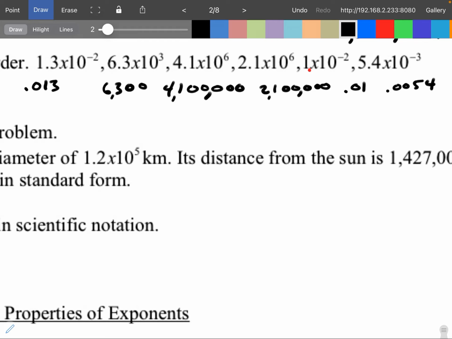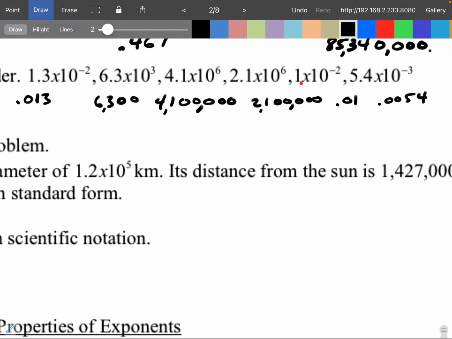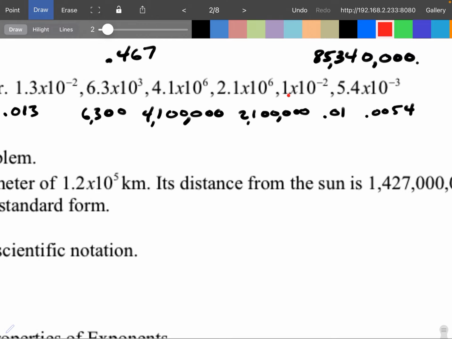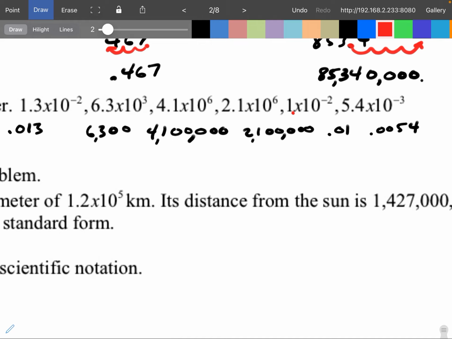Okay, let's just see if we can kind of write over these and number them in order then, just to save some time. So which is the smallest one? The last one. So this one is going to be number 1, right? That's the first one. We're putting them in order from smallest to largest.